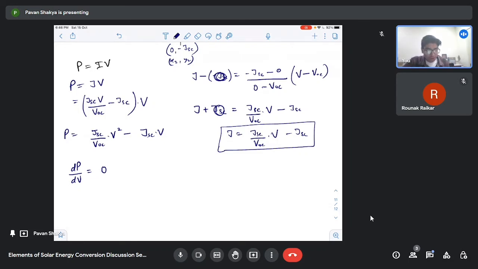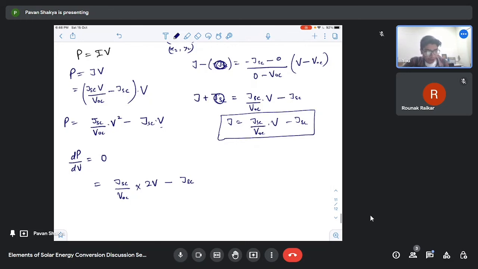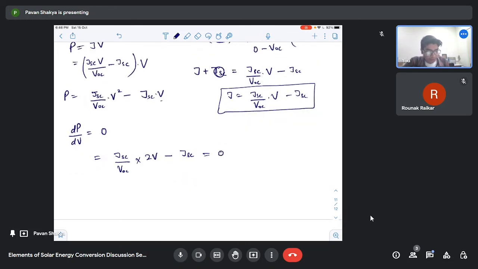If we differentiate this power term with respect to the voltage, the first term will be JSC divided by VOC multiplied by the differentiation of V square, that is 2V, minus 2 JSC. The differentiation of V will be 1, and this term will be 0.